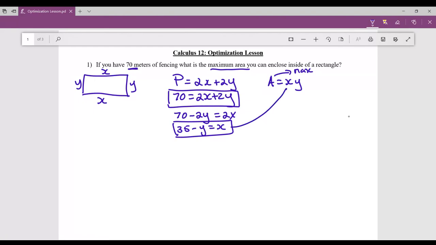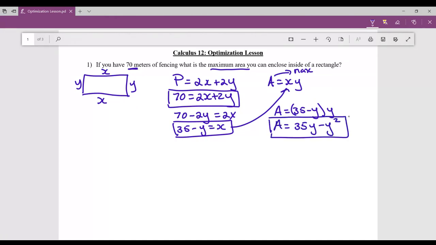That then goes into there. You get a new equation. A is equal to 35 minus y times y, which is 35y minus y squared.